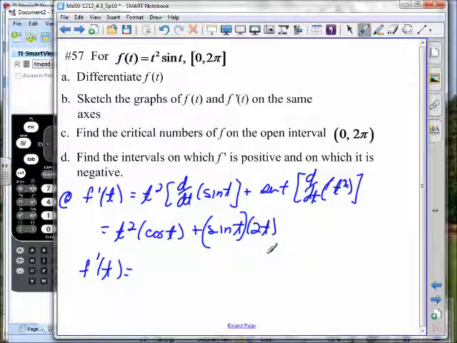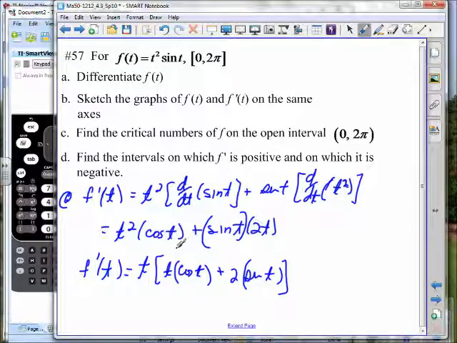So the only thing I can think of is to possibly pull out a t, and then we have t cosine t plus 2 sine t. Actually, I factored out a t, didn't I? That'd be it. Okay.